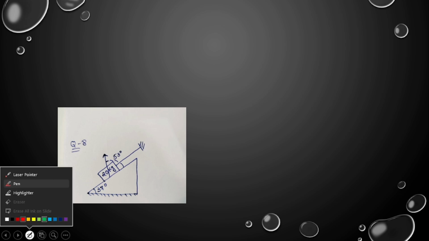Let me explain the figure first. This is a block of 20 kg which is connected by some string, held on a 37 degree incline, and from that incline at 53 degree, a 10 Newton force is acting.